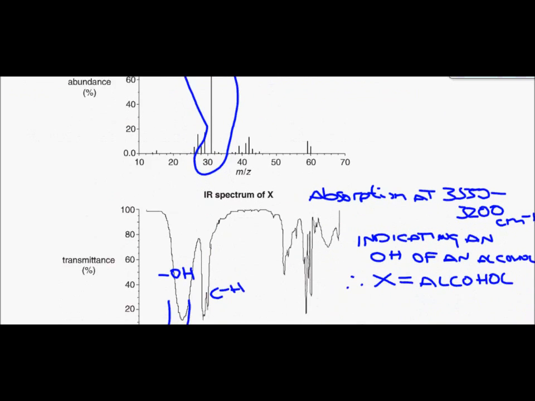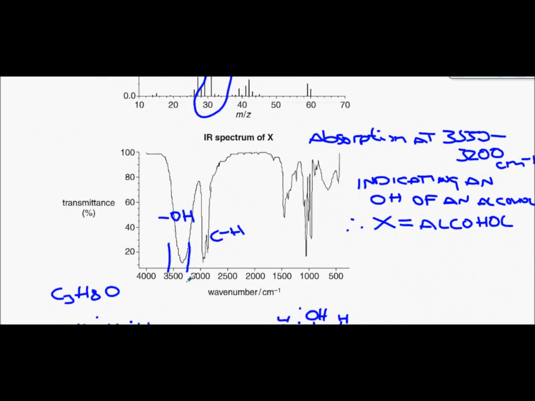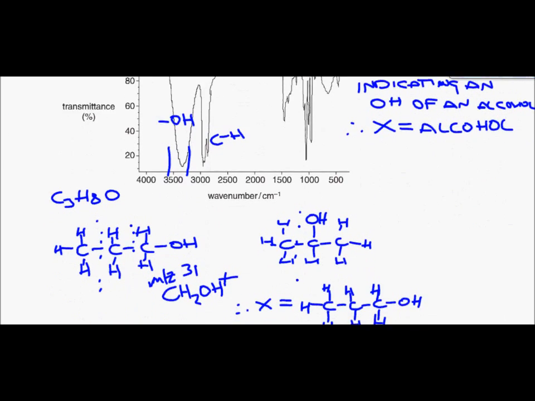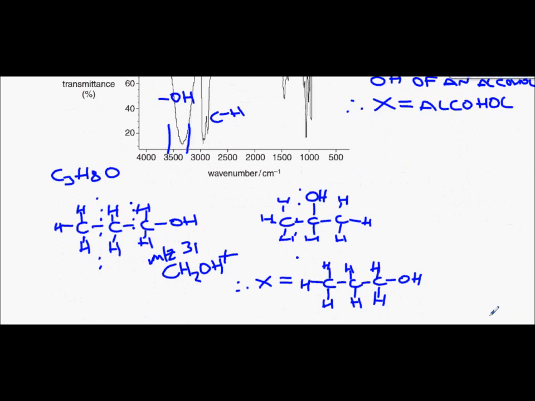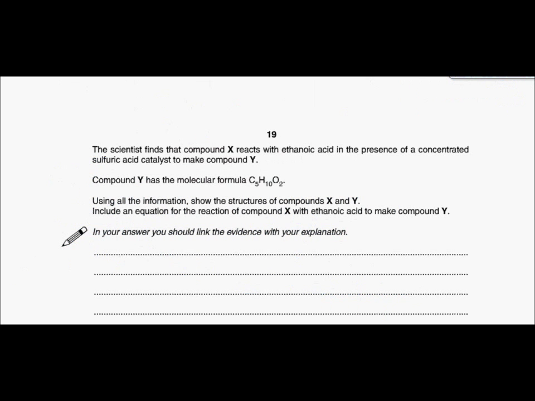I've then gone and identified the functional group from my infrared and made sure I've quoted the wave number and the bond, and then concluded that definitely X is an alcohol. I then went to identify my isomers, which is key. This is often the part that people miss out. Identifying which possible molecules there could be at this point, using the fragment then to identify specifically which X would be. So on to the next part of the question.